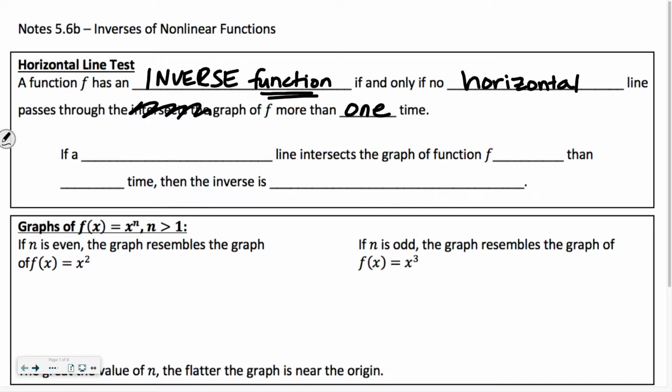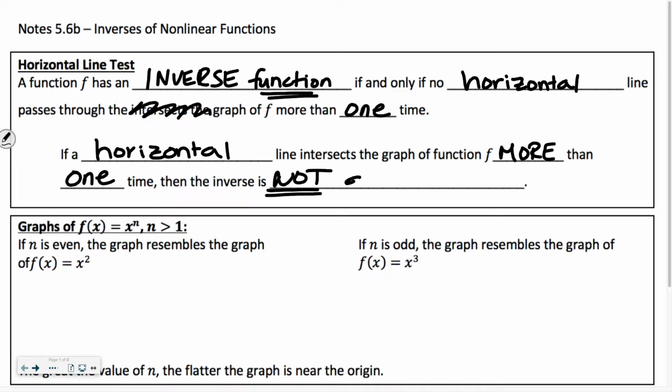Okay, so I'm going to rephrase it, because sometimes I think the horizontal and the vertical line tests are phrased kind of funny, so I'm going to rephrase it in my own words. I'm going to say, if a horizontal line intersects the graph of the function f more than one time, then that means the inverse is not a function.